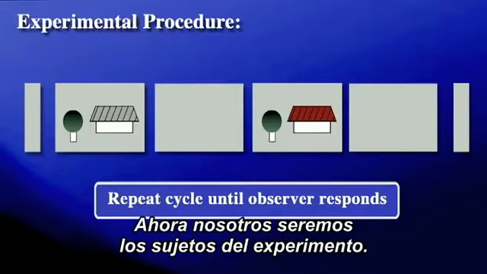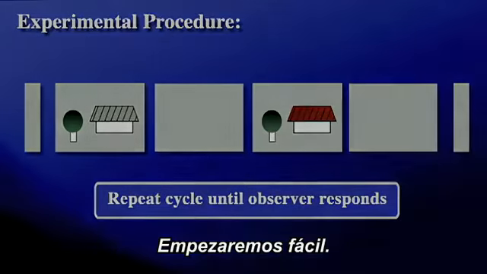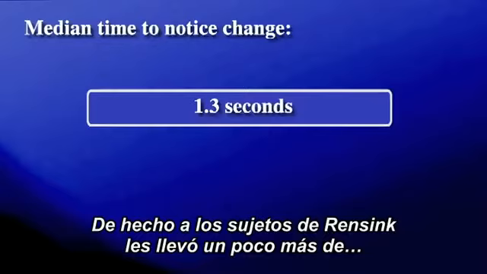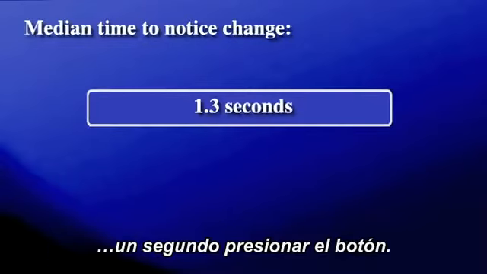So now we're going to be subjects in the experiment. We're going to start easy. Some examples. No trouble there, huh? Can everybody see? All right. And indeed, Rensink's subjects took only a little bit more than a second to press the button.